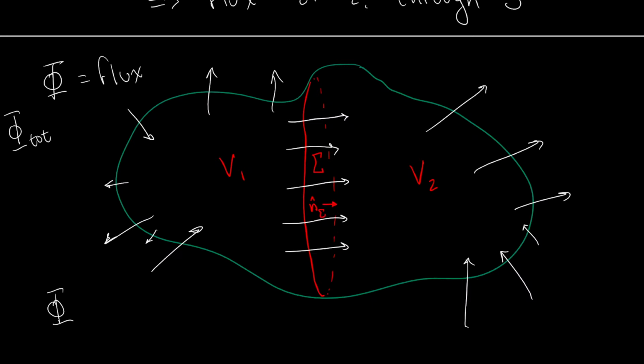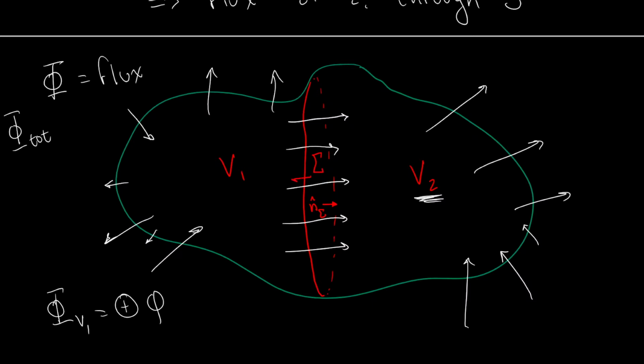This is the normal vector of the surface sigma. So phi out of V1 is going to be some positive value, which I'll call just plus lowercase phi. But according to V2, the normal vector is pointed in the opposite direction, right?